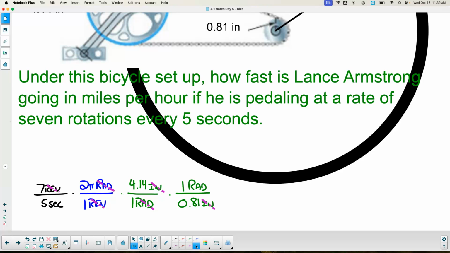Now I'm in angular speed of the small sprocket, which is also the angular speed of the outside of the bike tire. So now I'm in the angular speed of the bike tire. Now that needs to be converted into miles per hour.